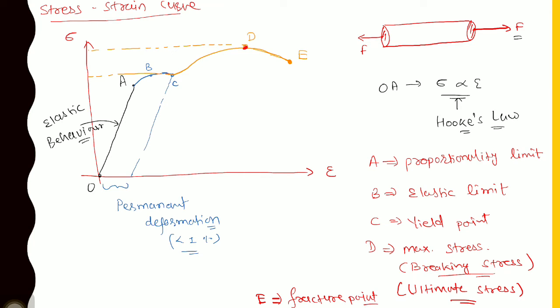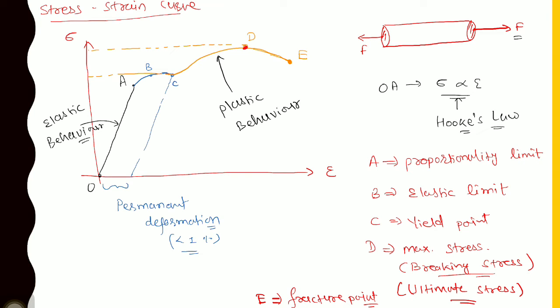Once a body reaches the point D, the body must break, but after some elongation, the body completely breaks at the point E. So point E is named the fracture point. And this one is known as the plastic behavior of a body.